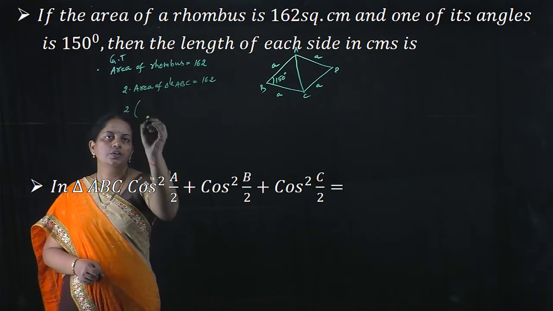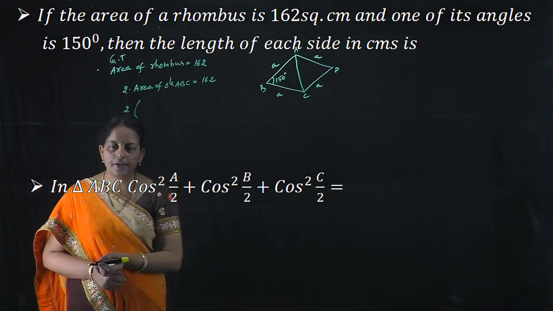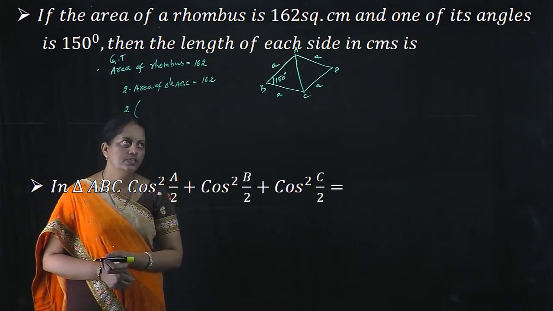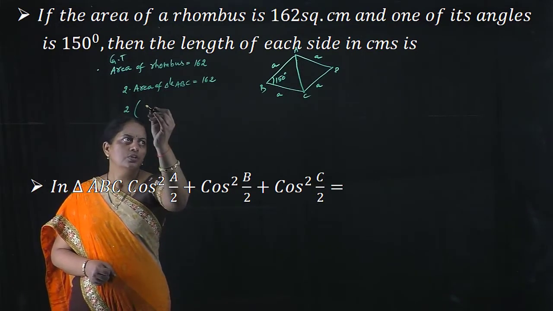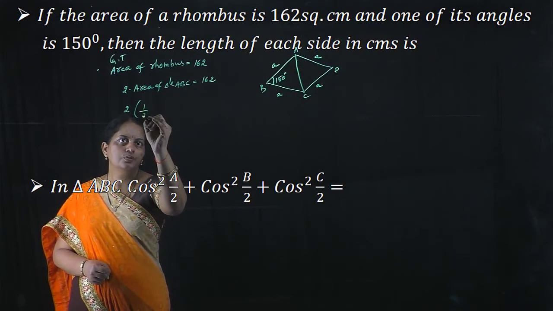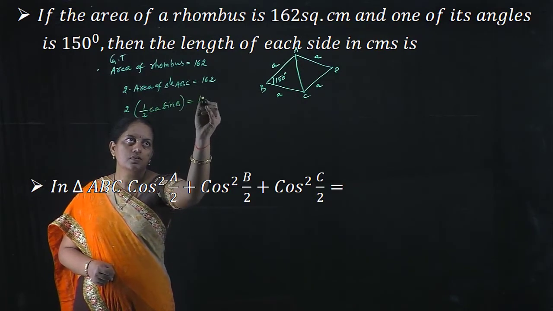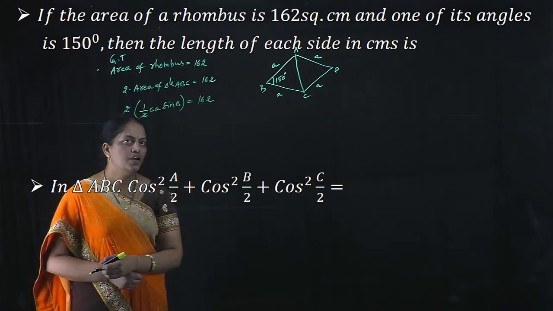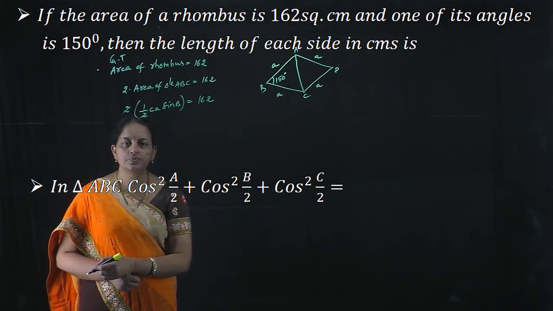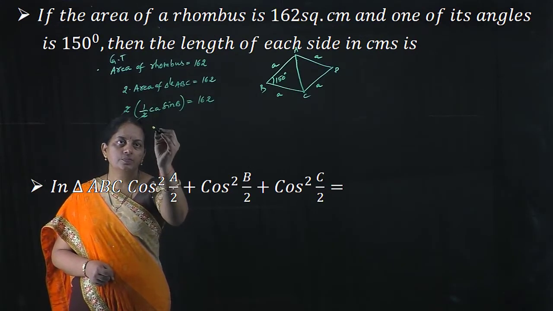And we know that the area of triangle ABC is equal to half AB sin C, half BC sin A, or half CA sin B. Here we can write half CA sin B is equal to 162. Here the 2 gets cancelled. CA means sides. In a rhombus we know that all the sides are equal.